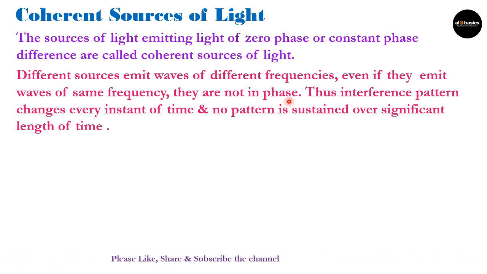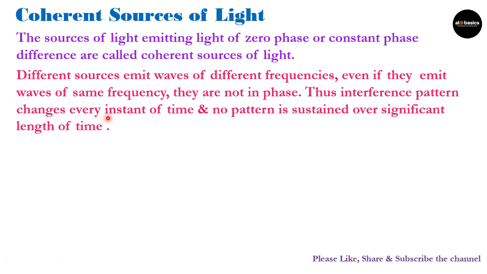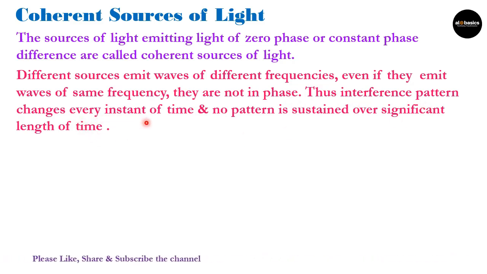Even if initially they are in phase, that phase will not remain the same, and due to that the interference pattern changes every instant of time, and the pattern is not sustained over a significant length of time. Positions of maxima and minima are changing continuously.